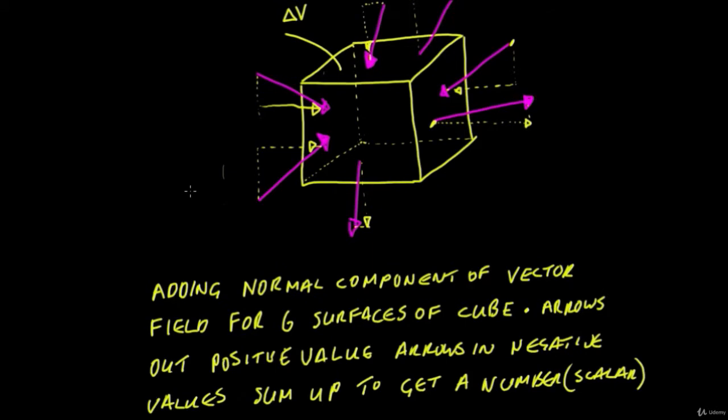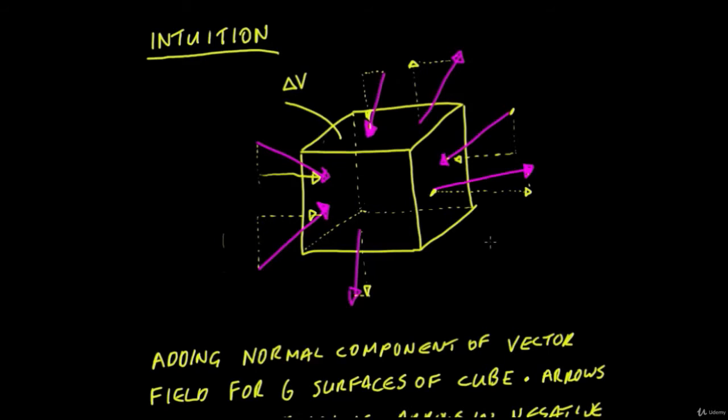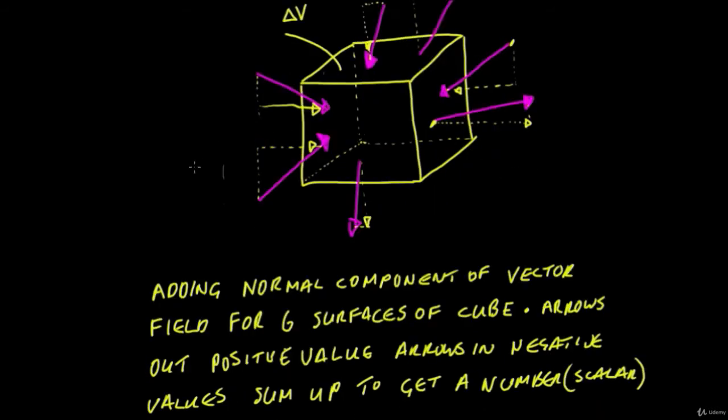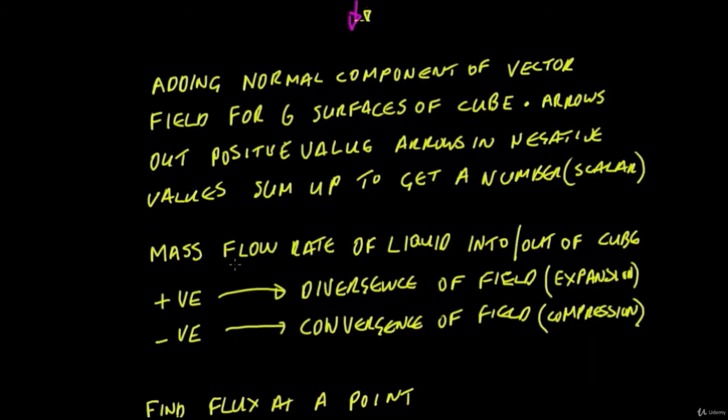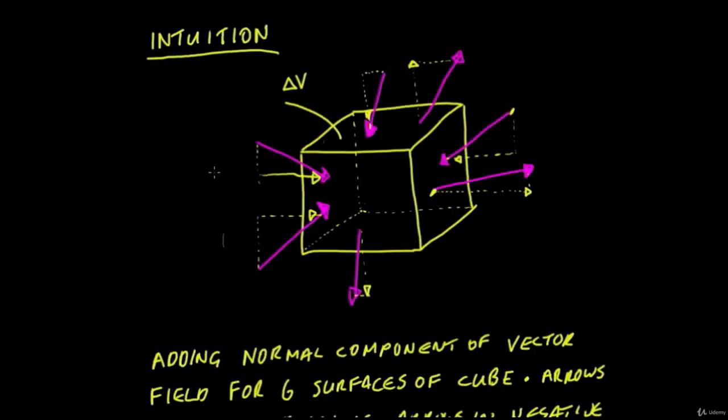Now, we don't use the words compression and expansion, we just use a single term for it and we call it the divergence. So if the divergence is a positive value, then what we say is that there's more water, or more liquid, or more whatever you want to call it, flowing out than flowing in.